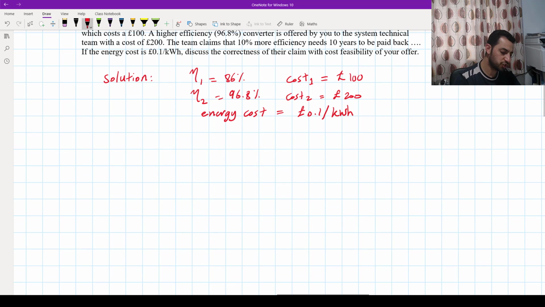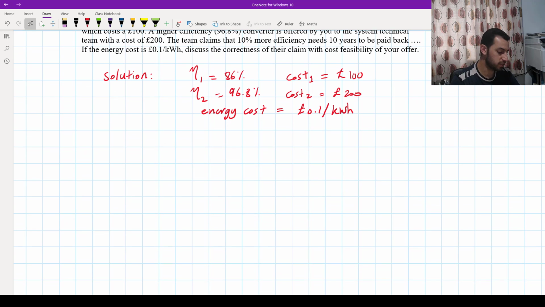So let's now check the losses for the first one and how much it costs, for example, a year. So we know that the efficiency equals power output divided by power input. That means the power input equals the power output divided by the efficiency.